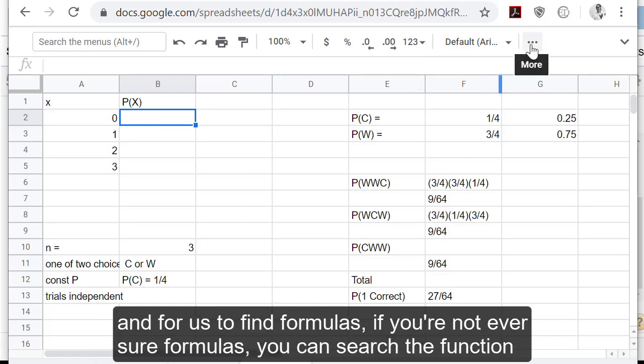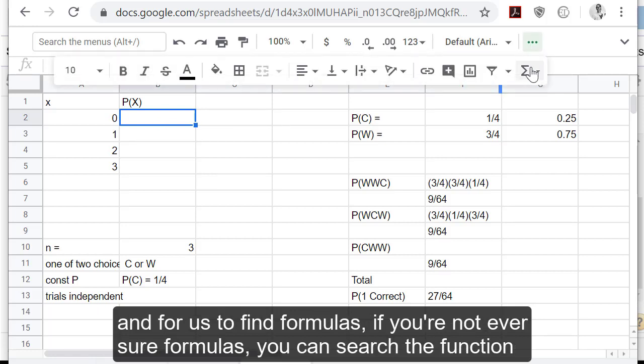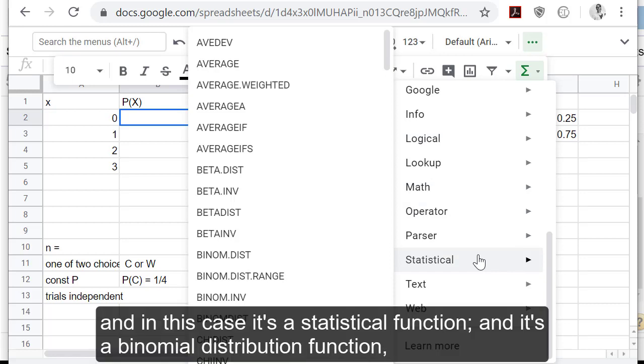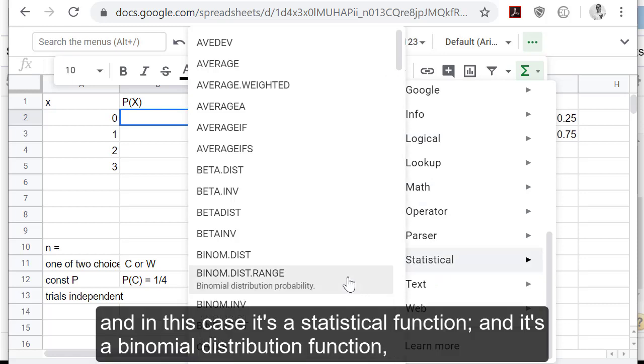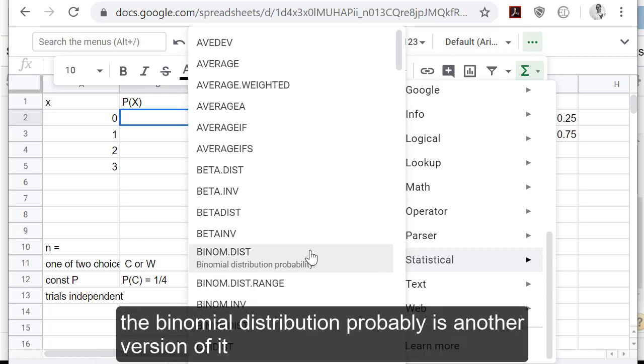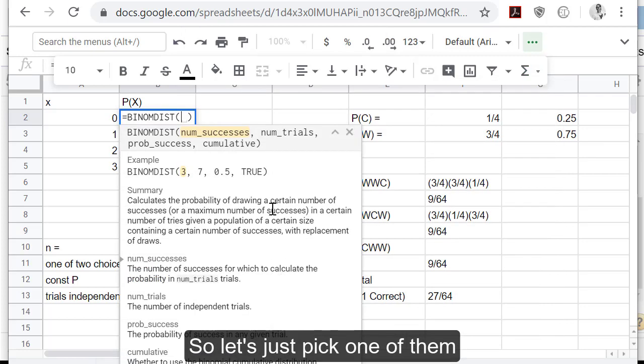If you're ever not sure of formulas, you can search the function menu. In this case it's a statistical function, and it's a binomial distribution function. So binomial distribution probability should work.